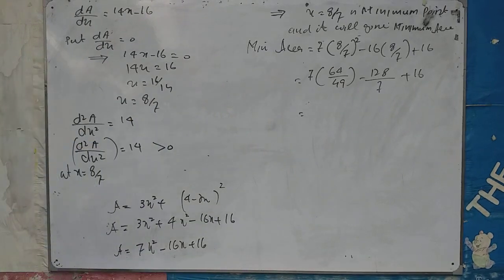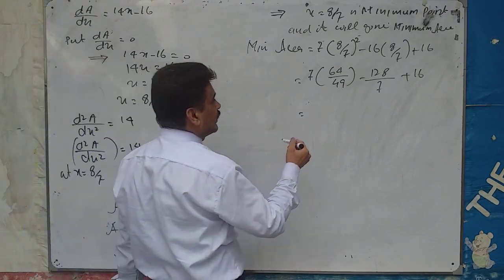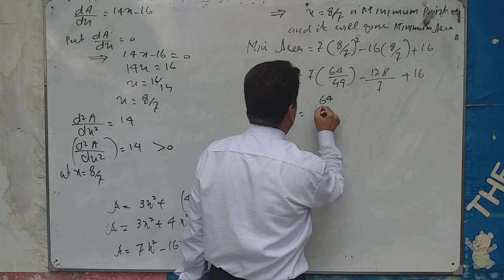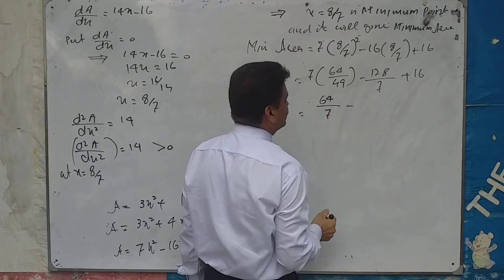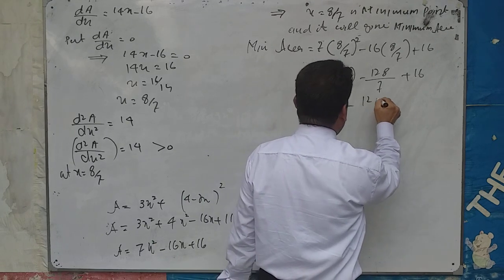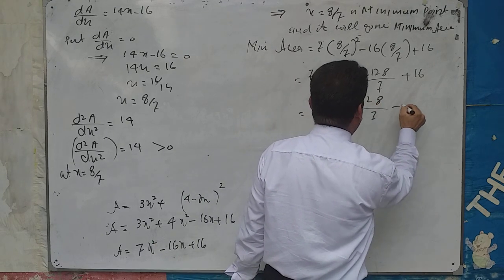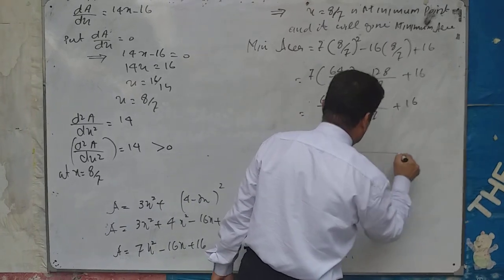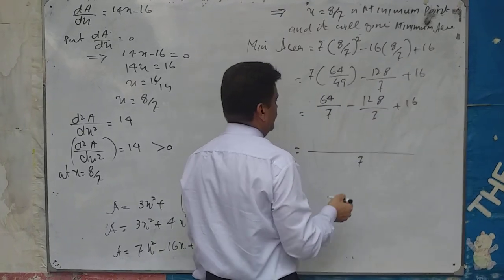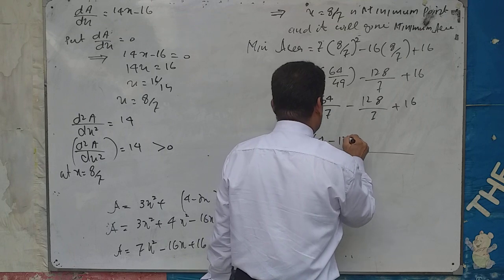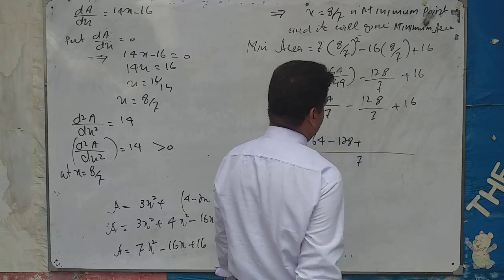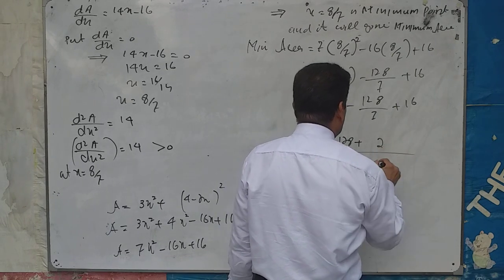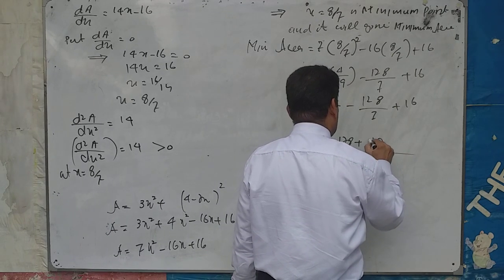After simplification, we get 7 sevens are 49, so 64 by 7 minus 128 by 7 plus 16, by taking 7 as LCM. 64 minus 128 plus 16 times 7, which is 112.